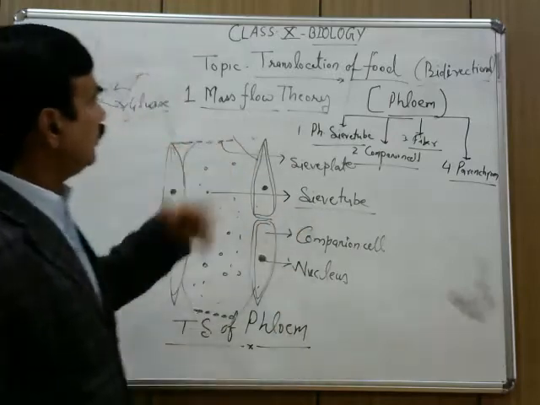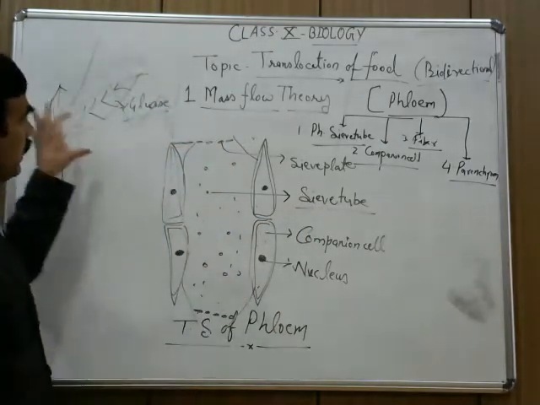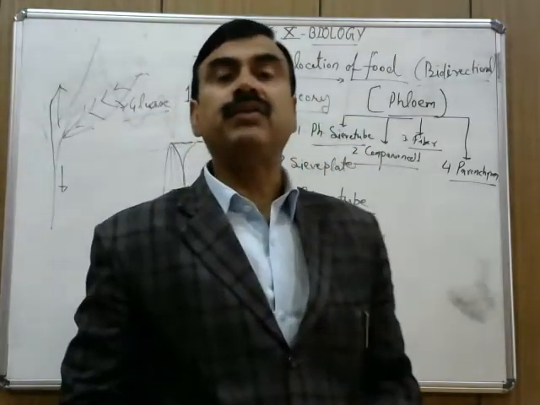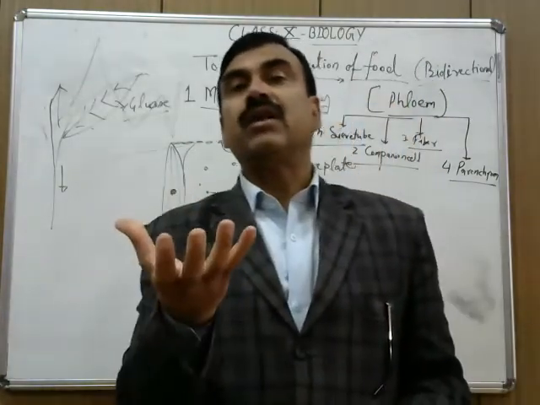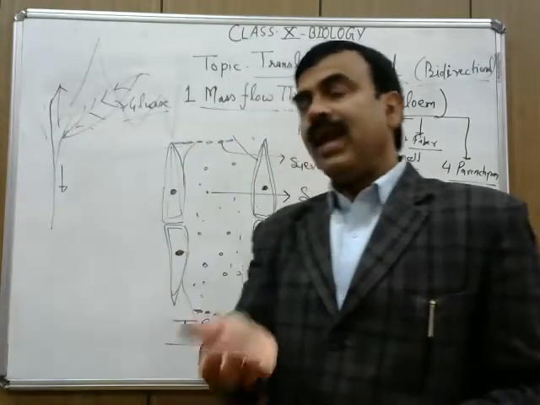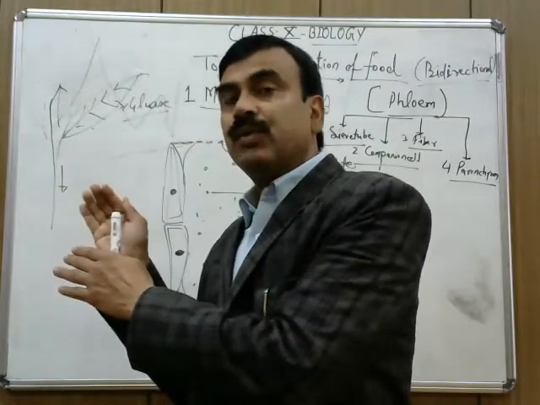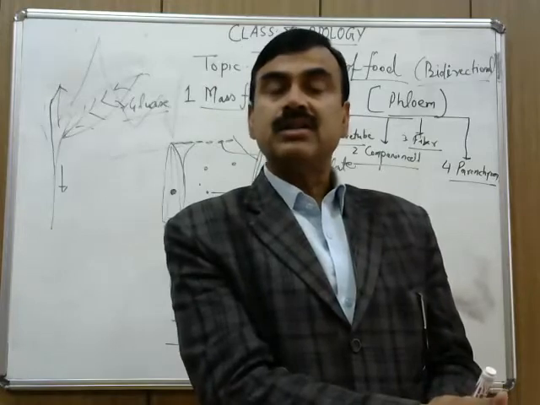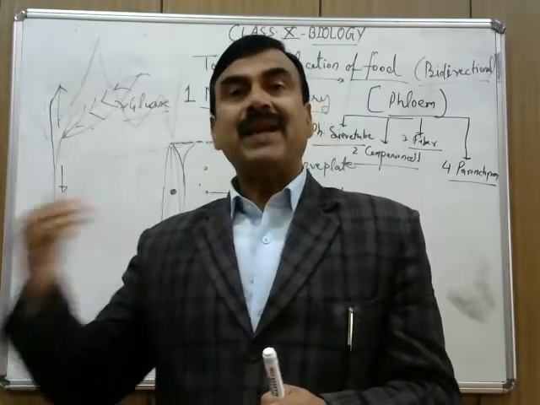Through the mass flow theory, you can easily explain the translocation of food. In this mass flow theory, based on the diffusion process, you can easily understand that passively, when the food is prepared in the leaf, the leaf is a source which is producing the food, and then this food will be automatically transported from its higher concentration region to its lower concentration region without any energy.